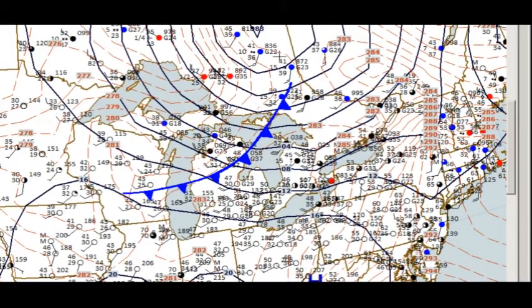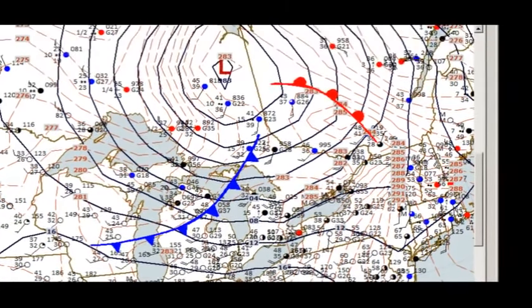And then I think further north, I think we've got a warm front. Up here in this area right here, I think there may be a warm front. And we have upper 40s in Quebec. And then north of that, yeah, here we go.